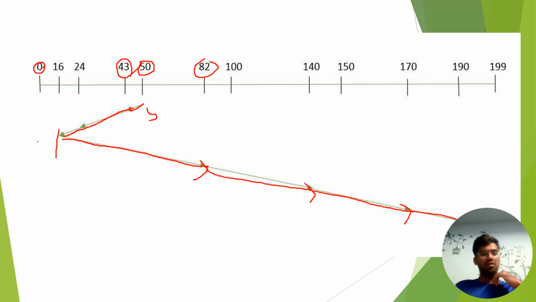Our starting point is 50, then 43. 50 minus 43 is 7.